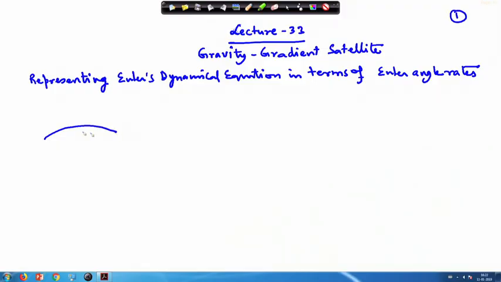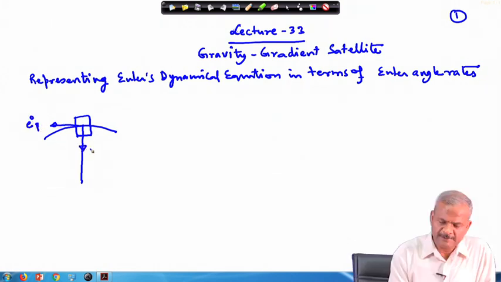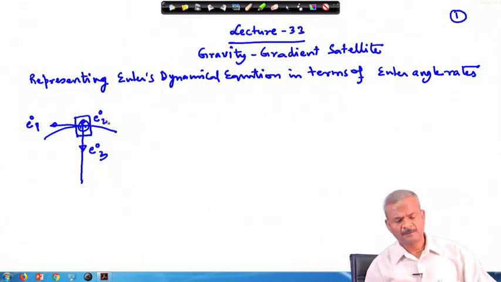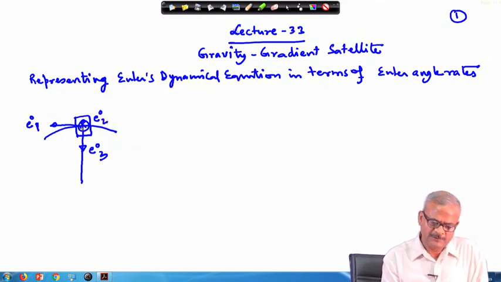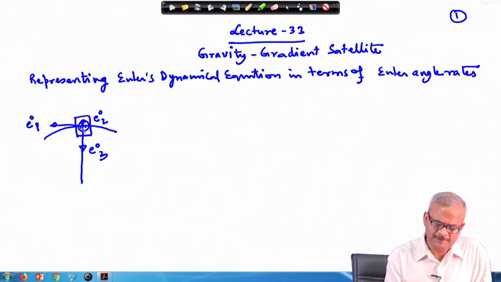If you remember, if a satellite is moving in an orbit, we have indicated the orbital axis as E01 in this direction, E02, E03. With respect to this frame your satellite is rotating, and this frame itself is rotating, as I have told you earlier.